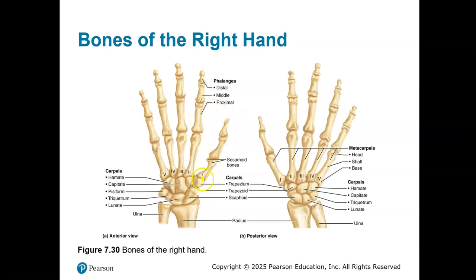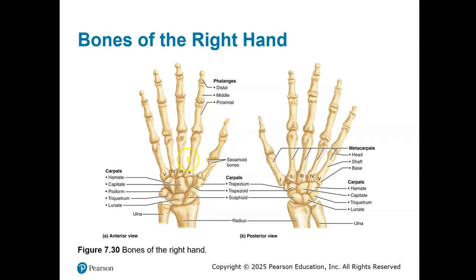The only thing about the phalanges is your thumb, which is your first phalange, or phalanx. It has a proximal, middle, and distal segment.